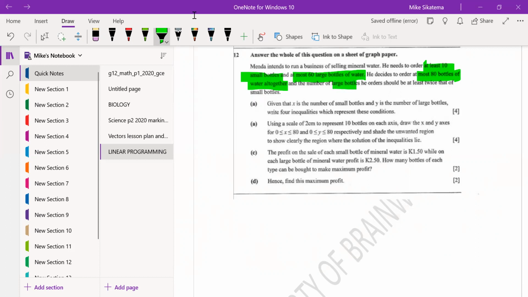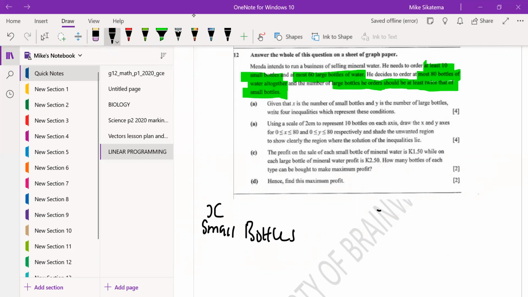And the number of large bottles he orders should at least be twice that of small bottles. So that would be times 2. So given that, we now follow the equation. Given that X represents small bottles and Y represents large bottles, we'll just do the same.